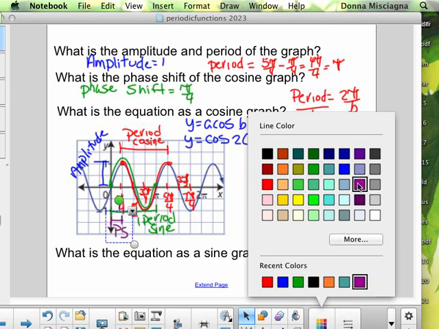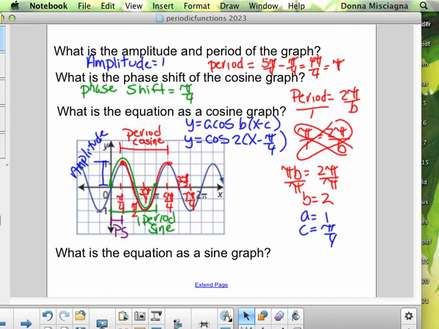All right, so this phase shift is for the cosine graph. Notice that the sine graph does not have a phase shift. It is starting at the y-axis. So the A is still going to be 1. The B is still going to be 2. But the C, the phase shift, is 0, because that is starting right at the y-axis.